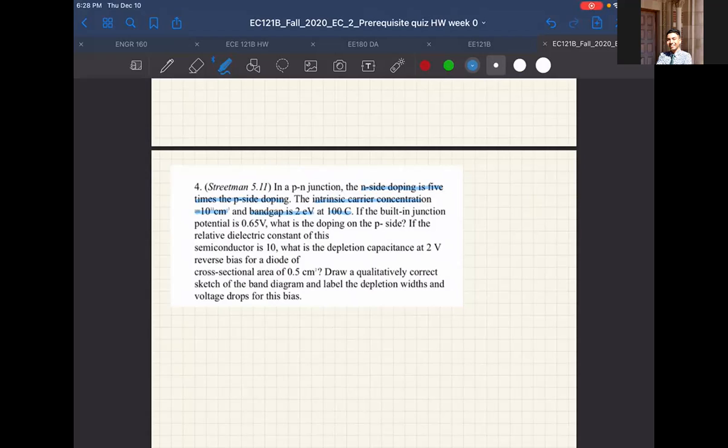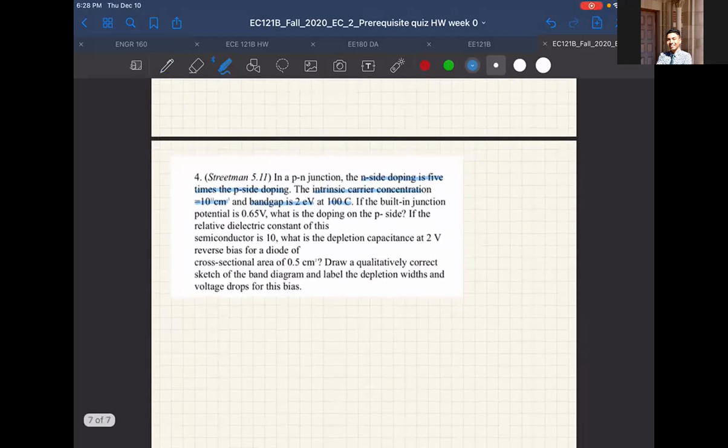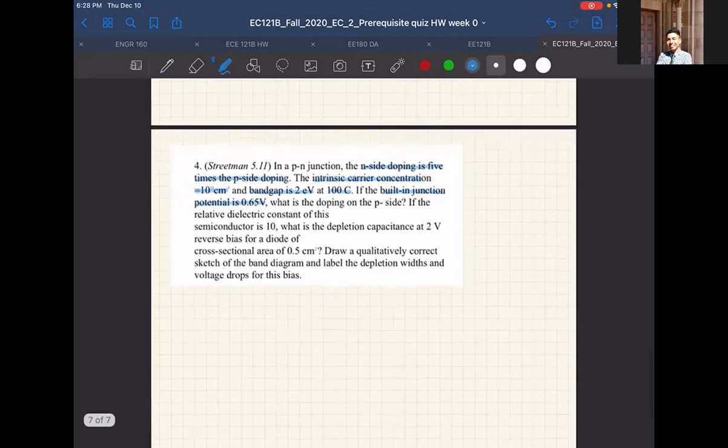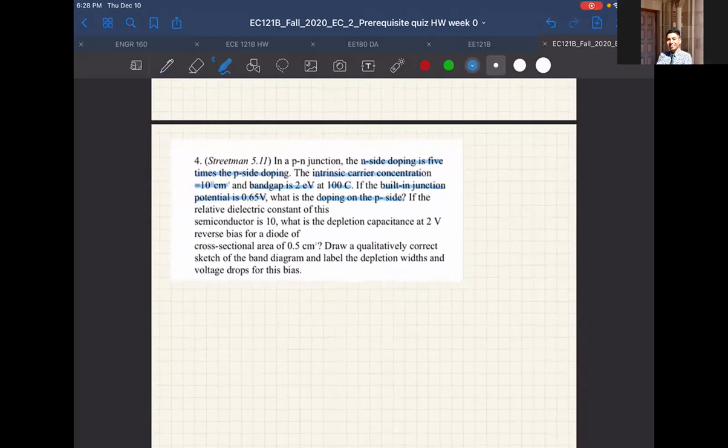This is a cool problem because it gives you 100 Celsius, not Kelvin. So one thing the professor told us, a lot of people got it wrong because they didn't change Celsius to Kelvin. So always check those things. They tell you that the built-in junction potential is 0.65, and they ask what's the doping of the p side.